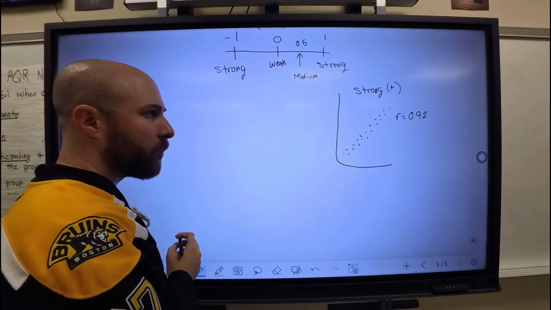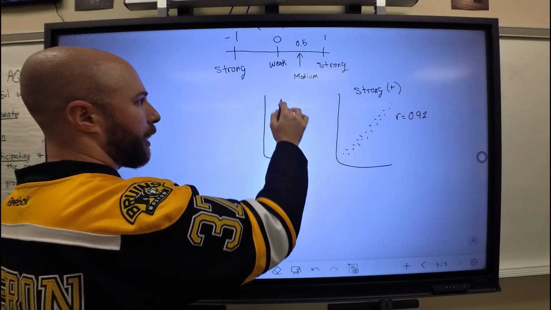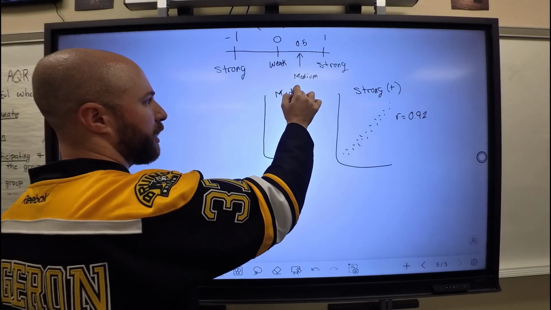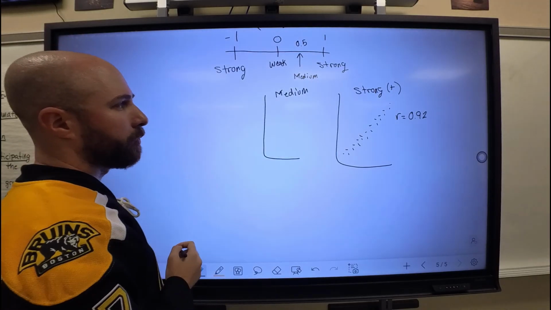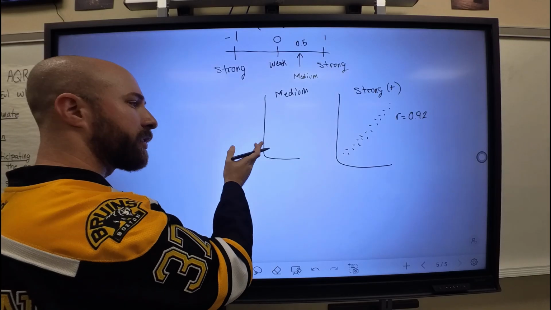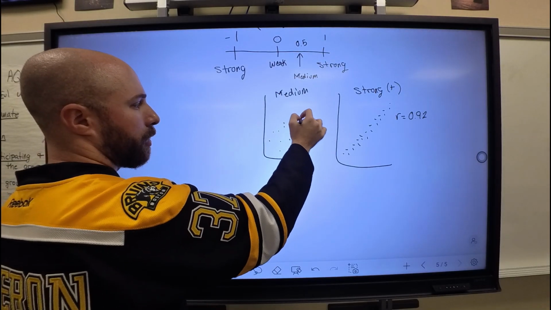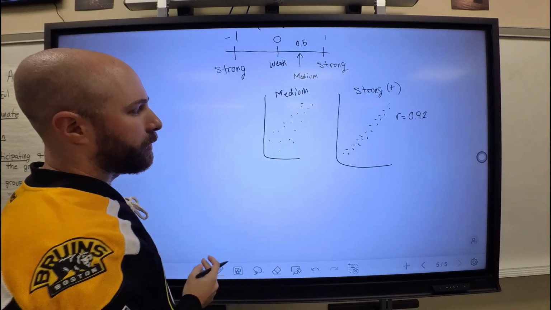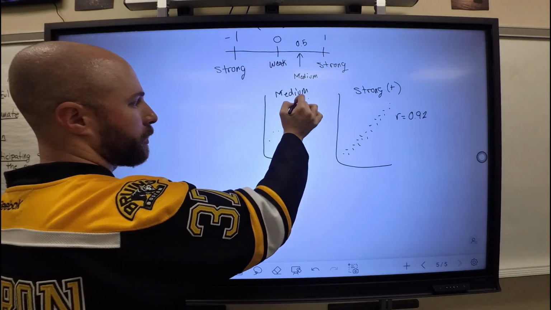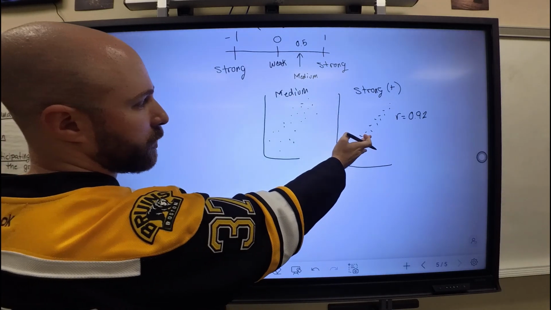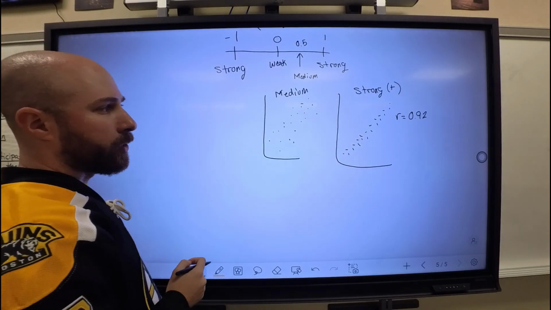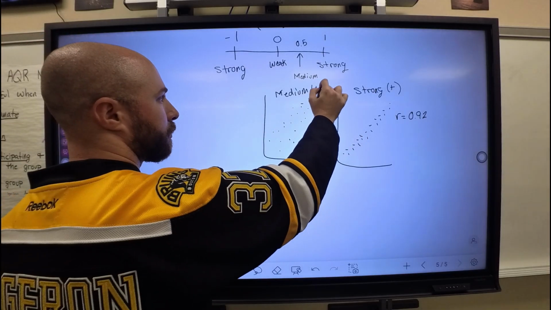Okay, we could then have a medium positive correlation, which is still going to go up and to the right, but now our data is much more spread out. So you can see the difference between strong positive versus medium positive.